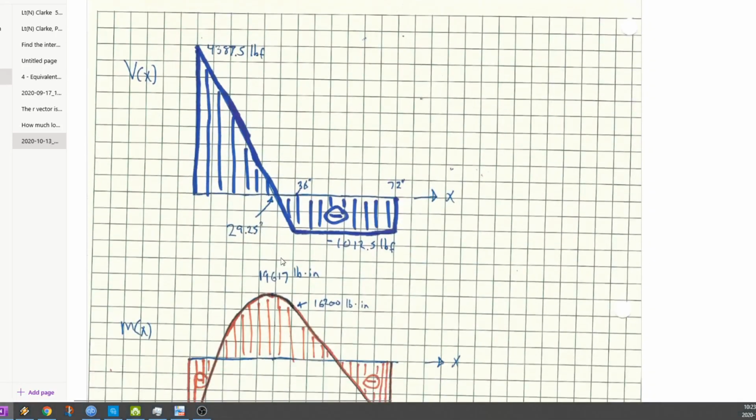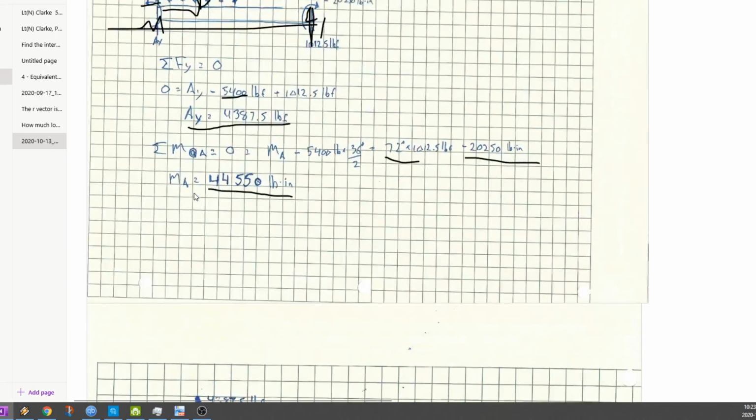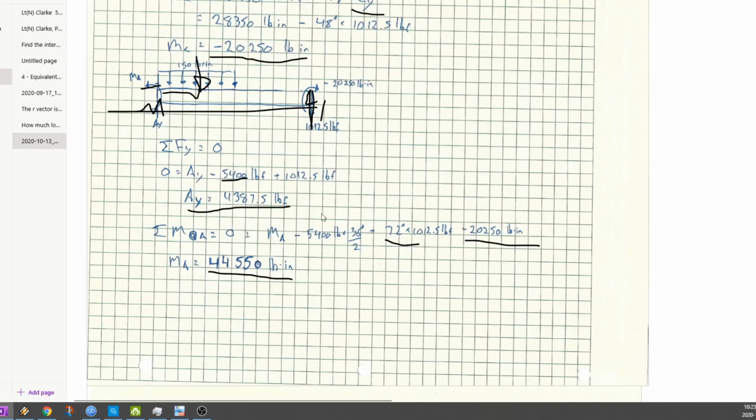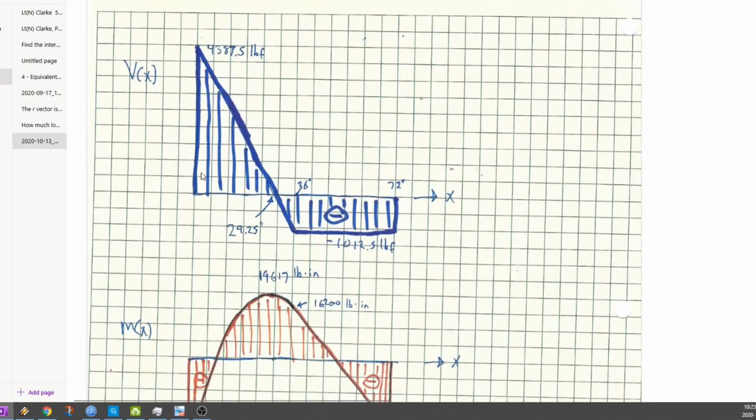So we got enough information to start doing our diagrams here. So the shear, it starts at 0. The reaction at A is a positive load, so it jumps up to that amount, 4387.5, and then it starts dropping down at a constant rate of negative 150 pounds per inch over a 36-inch span.